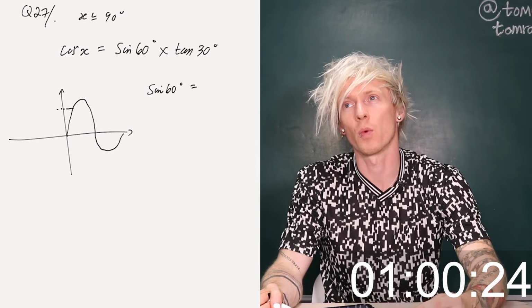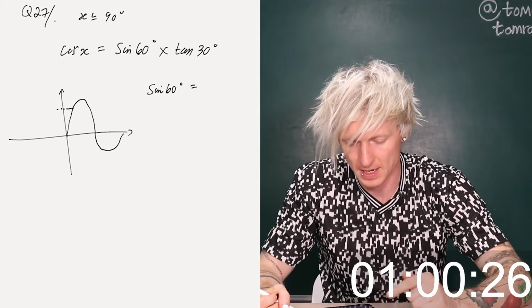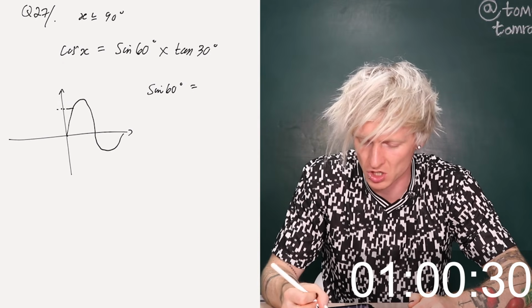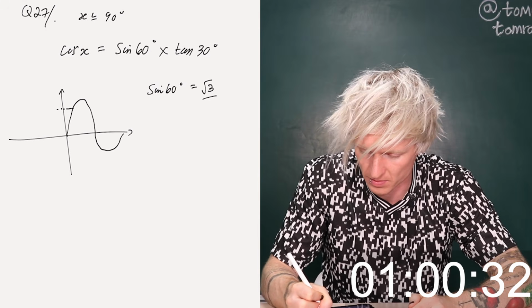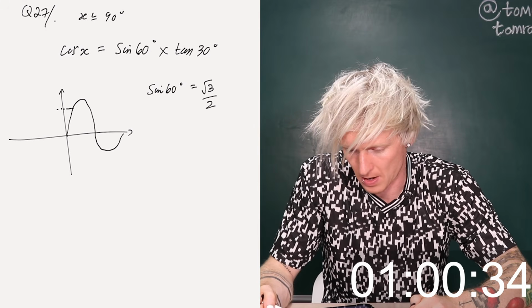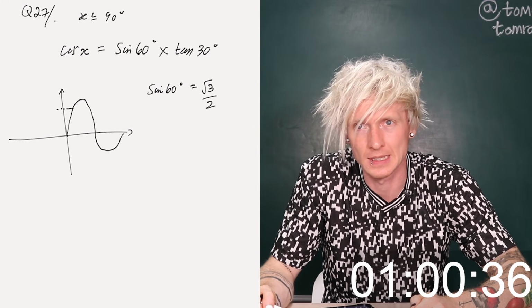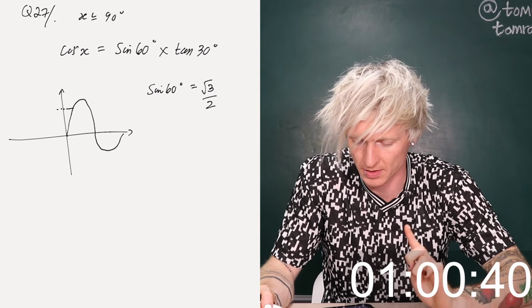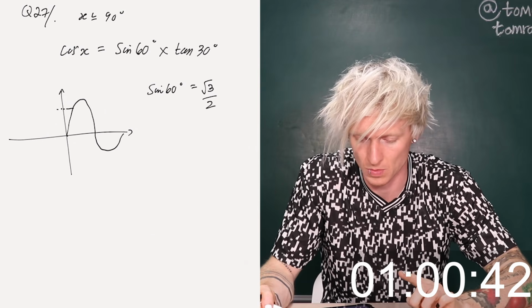It's not quite 1, but it's bigger than the 30 degree one. I think it's root 3 over 2. Yeah, root 3 over 2. I'm going to say sine 60 is root 3 over 2.